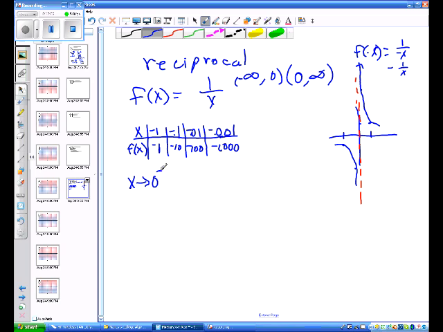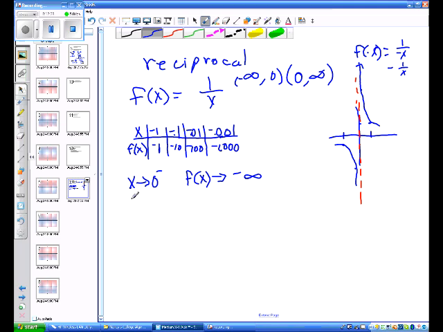So this is saying we're approaching 0 from the left, not necessarily from the negative, because we could use this and talk about approaching positive 3, and we could still talk about from the left and from the right. So that means we're coming from the left. As x is approaching 0 from the left, we want to know what our y value is doing. So f of x is approaching, and in this case, it's approaching negative infinity.